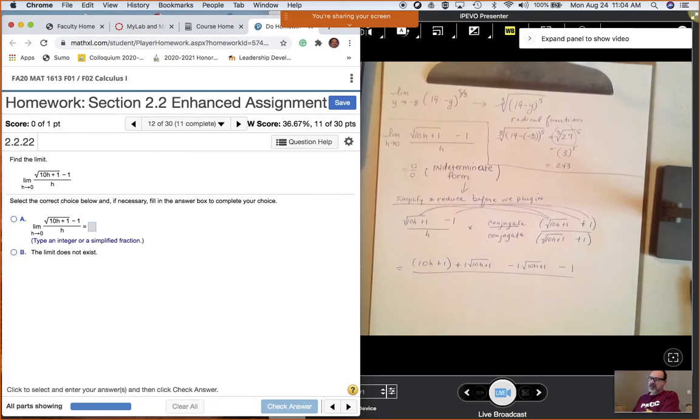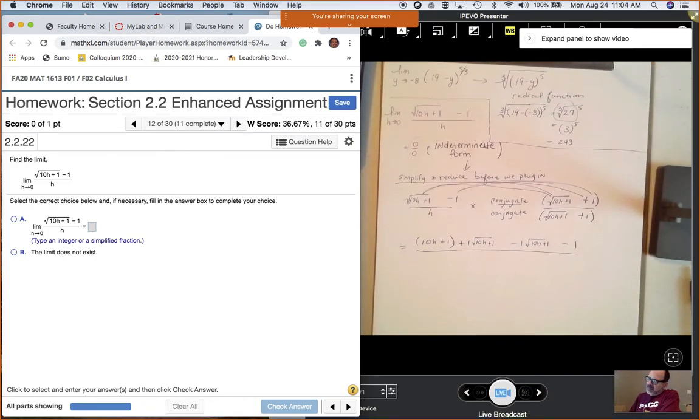The denominator, I'm not even going to bother because I think some things are going to cancel in a minute. So I'm just going to write it in its factored form. All right, so in the numerator, the plus 1 square root and the minus 1 square root add to be 0. So essentially, I don't want to say they cancel out, but they do add to be 0 and they're eliminated from the problem.